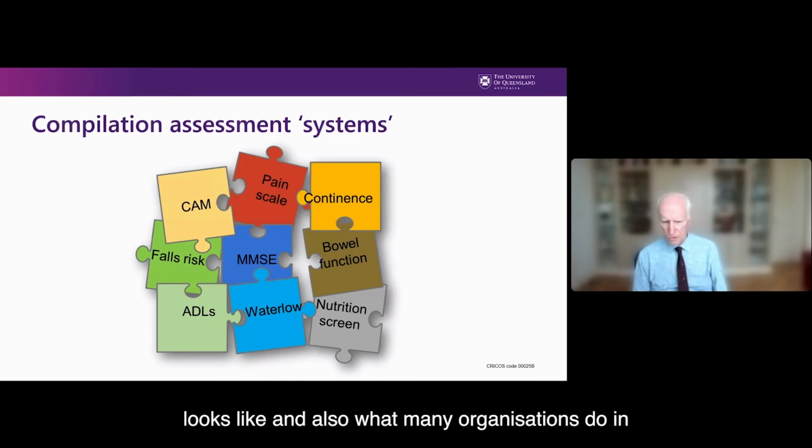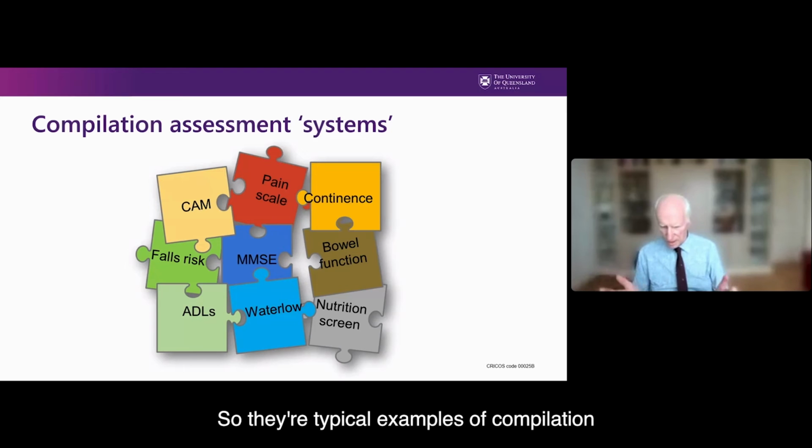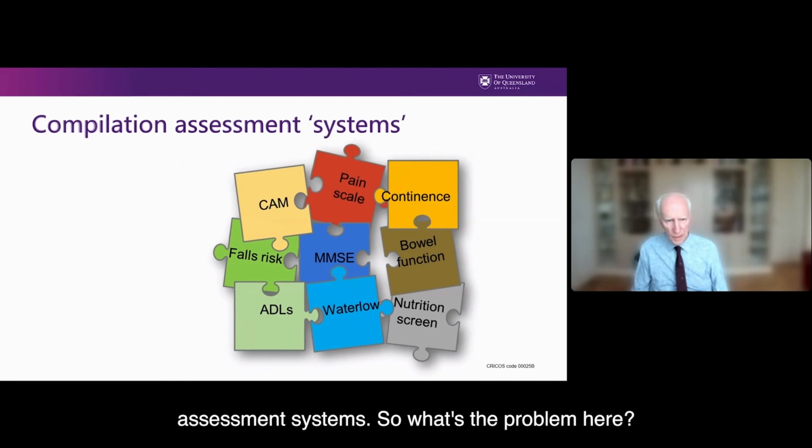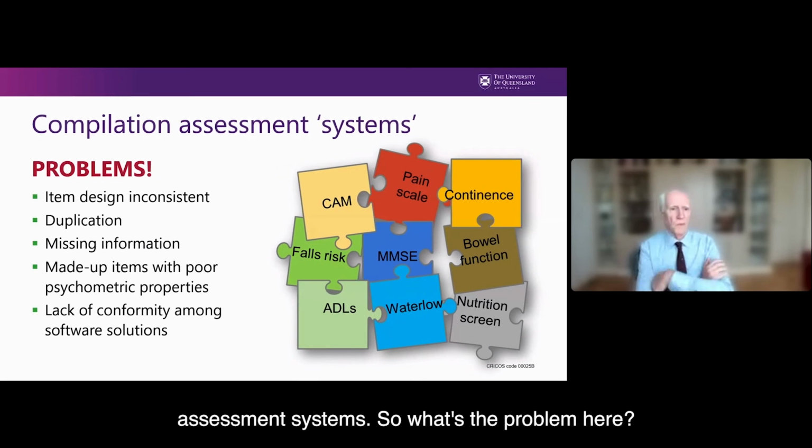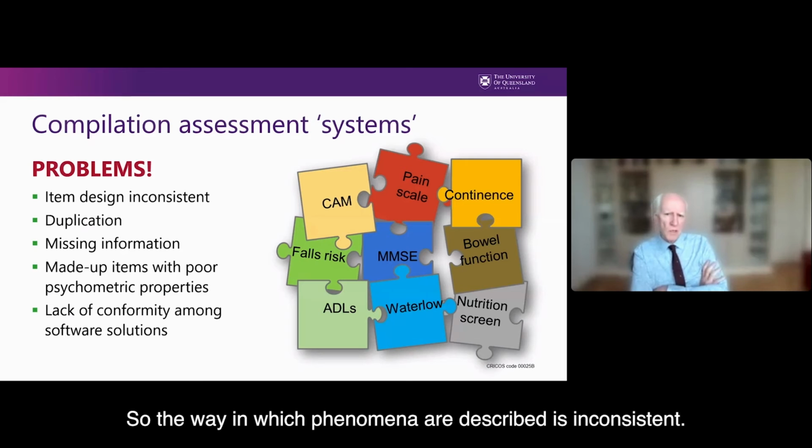and also what many organisations do in the care setting. So they're typical examples of compilation assessment systems. So what's the problem here? The way in which phenomena are described is inconsistent.